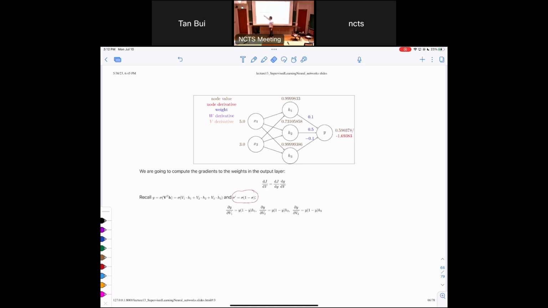The derivative of sigma with its argument is this. Just do substitution and you see. This is sigma prime times the derivative of the argument of the sigma with respect to V1. Check.